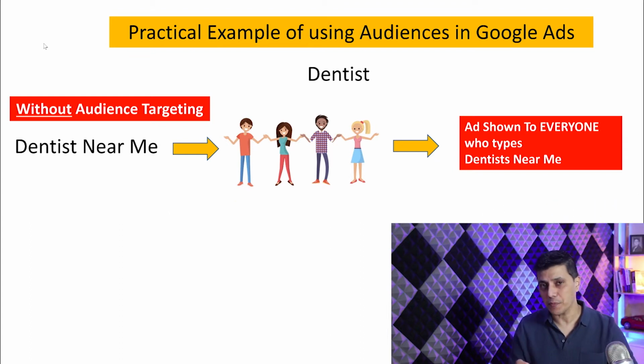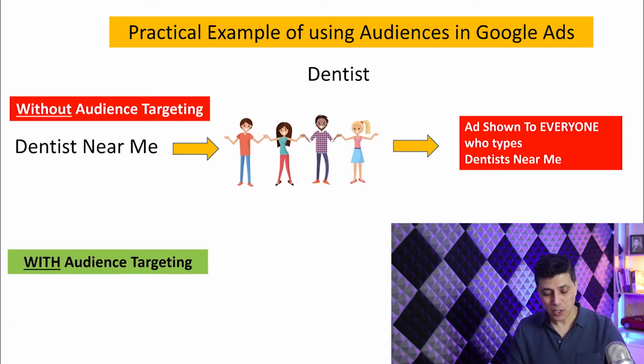But let's assume that you only want to target certain types of audiences, like you either want to target, say, teenage audiences, or adults, or parents with teenagers. So in this case, if we go back to my slide again, this time we'll do the same targeting but with audiences.